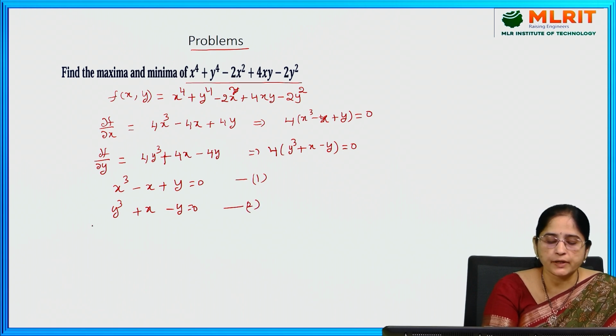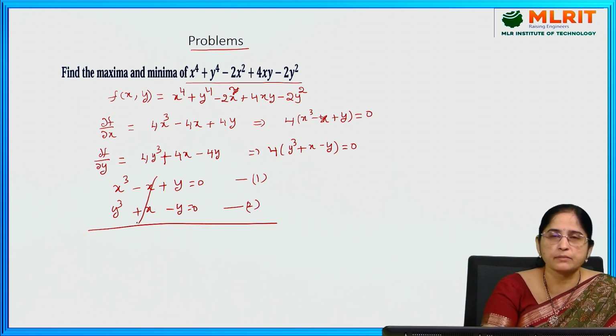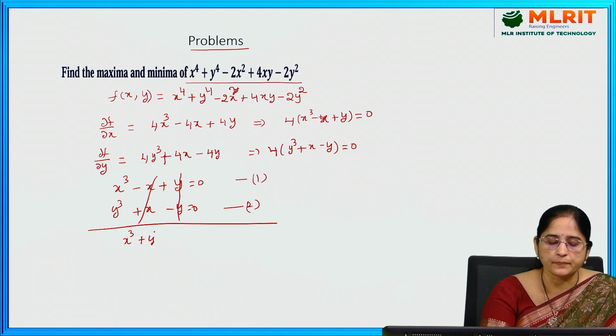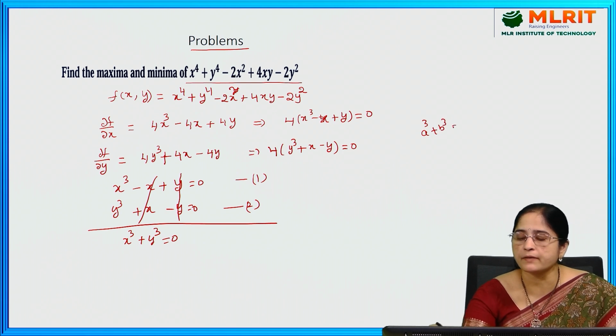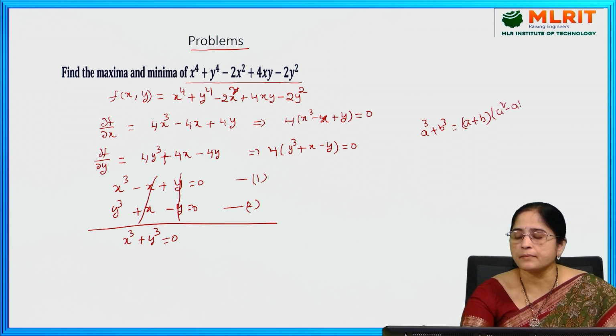Solve these two equations. Add them: minus x plus x cancels, plus y minus y cancels. We are getting x cube plus y cube equal to 0. We have the formula for a cube plus b cube. What is the a cube plus b cube formula? a cube plus b cube equal to a plus b into a square minus ab plus b square.